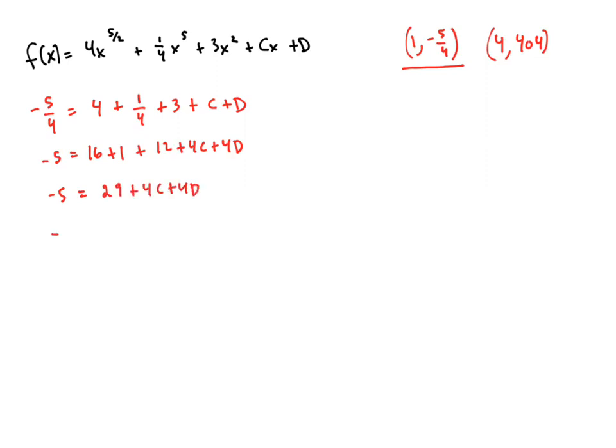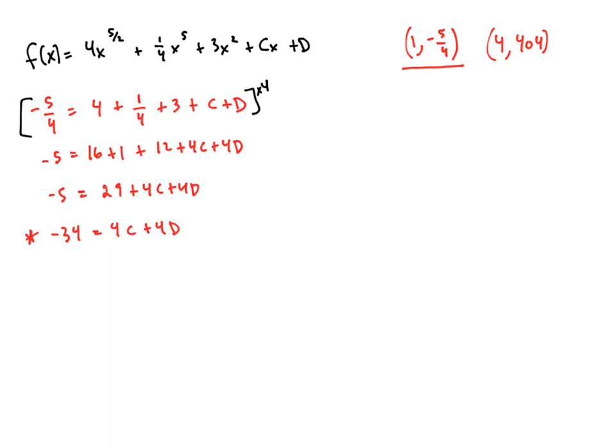And then get the constants all to the left. Okay, so there's one of our equations. Negative 34 is equal to 4c plus 4d. And just to be clear, at this point, I multiplied everything by 4.